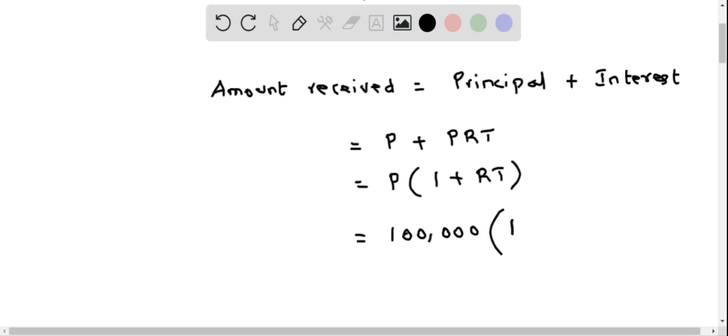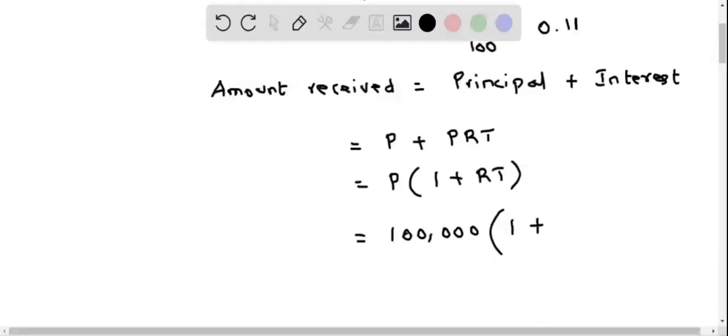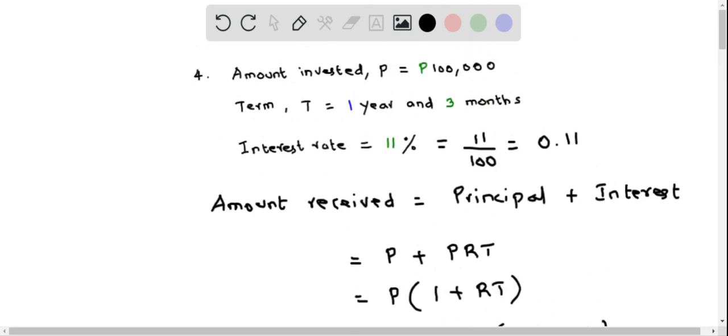and this multiplied with 1 plus the rate of interest is 11%. We can convert this to decimal by dividing by 100. So this is 11 by 100, or otherwise this equals 0.11. This is the interest rate. So we replace R by 0.11 times the term, which is given here as 1 year and 3 months. So we should convert these months to years as well.